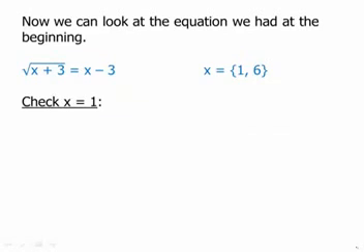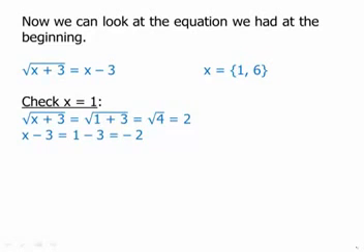First of all, we're going to check the first one, x equals 1. Plug it into the left side. We get square root of 1 plus 3, square root of 4, which is 2. Plug it into the right side. We get 1 minus 3, which is negative 2. So the two sides of the equation are not equal. One side equals 2, one side equals negative 2. So this root doesn't work.